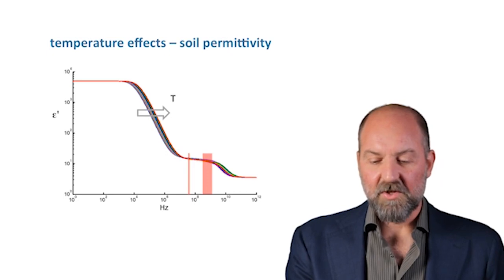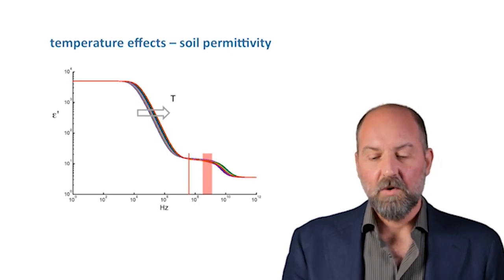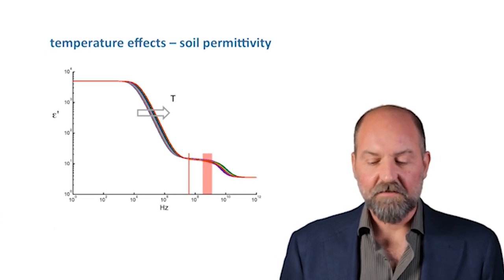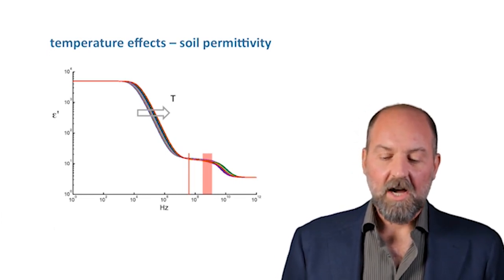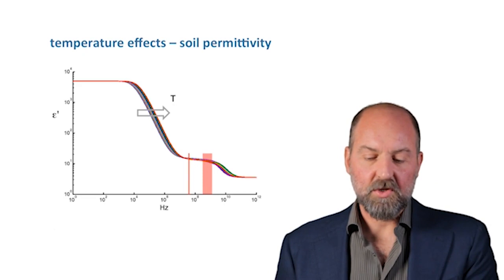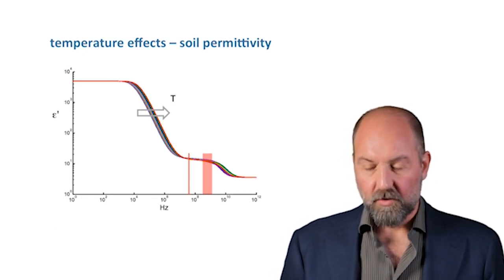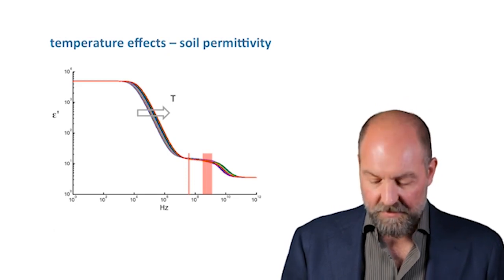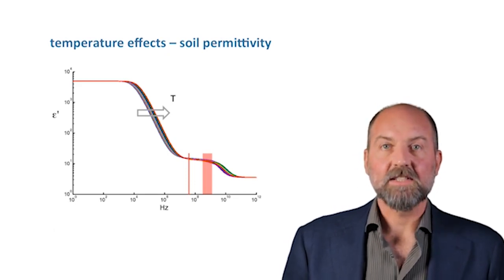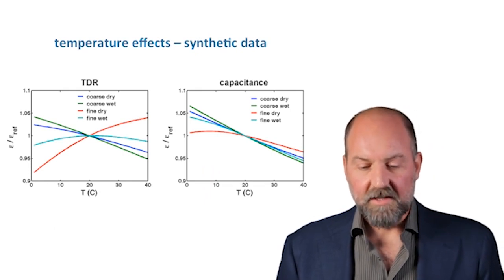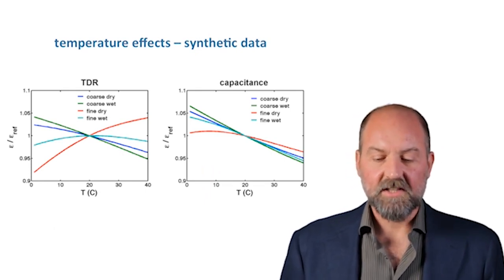When temperature goes up, in general, we observe a shift to the right of the relaxation frequency, all the while the spectrum at the higher frequency tends to lower its values.